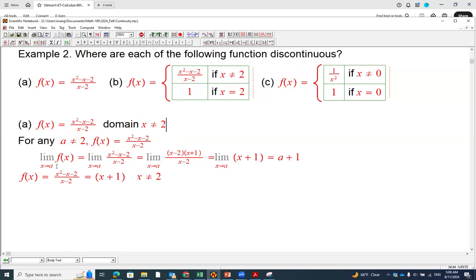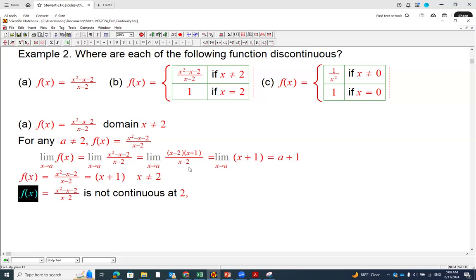the function is not continuous at 2. The reason is f is not defined at 2.